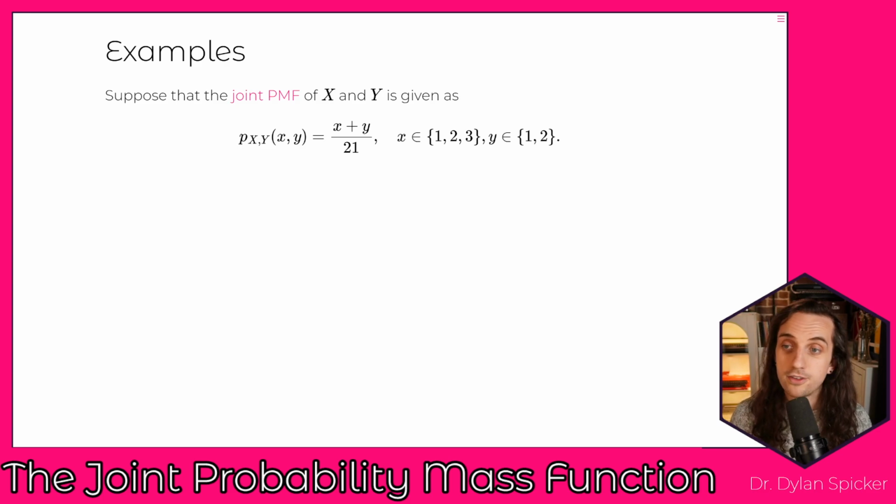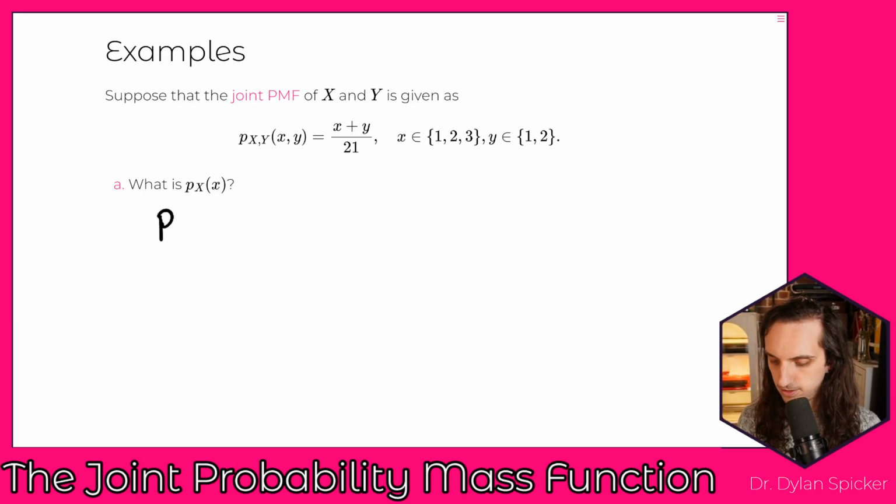So suppose that we have our joint PMF given as (x plus y) over 21, for x defined on 1, 2, and 3, and y defined on 1 and 2. First, what is the marginal PMF of x? Here we can use the marginalization process.